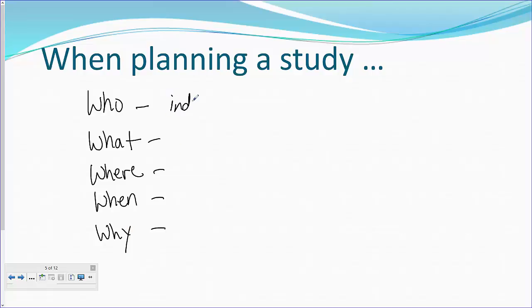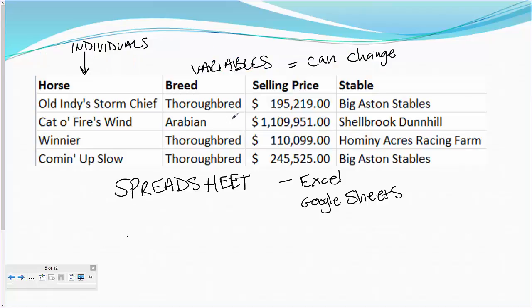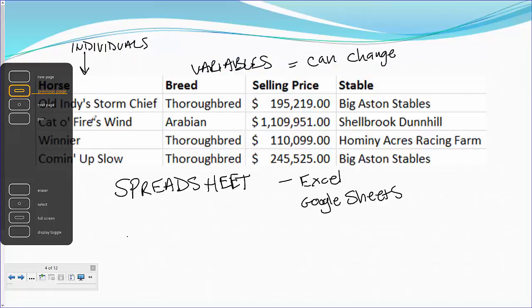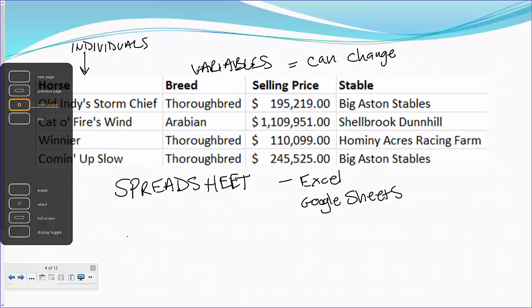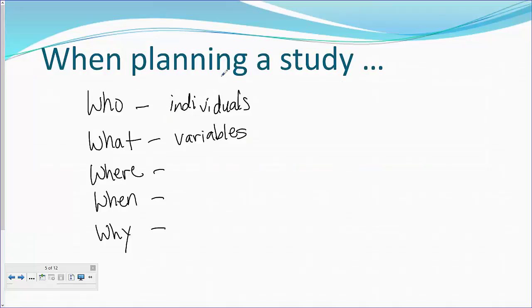Who? That's the individuals. And then the what, these are going to be the variables. So when we were planning this last study that we just saw, these were the who. Who are we going to be studying, and then what are we going to be studying about them? So very simply, the individuals and the variables.